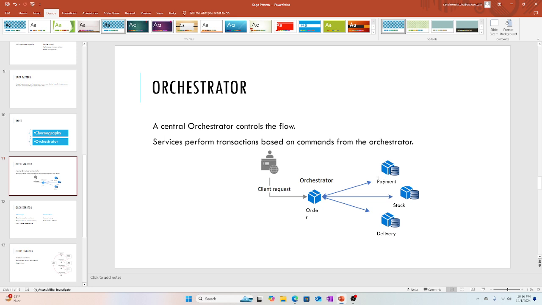So there can be two scenarios. Either the order service will revert the transaction or will retry the transaction. So if the stock service fails, the order service will ask the stock service to retry updating the stocks.